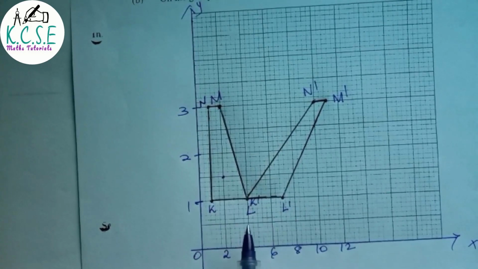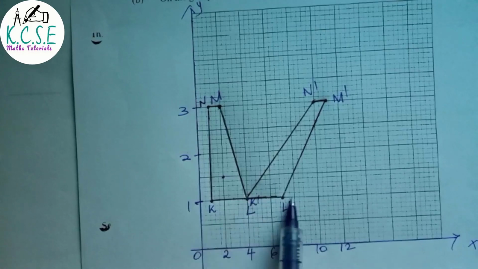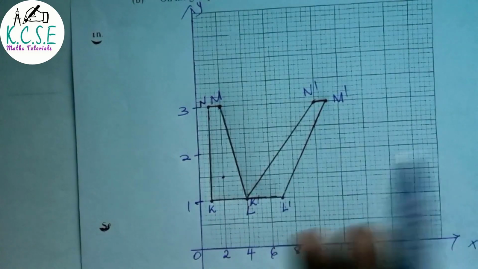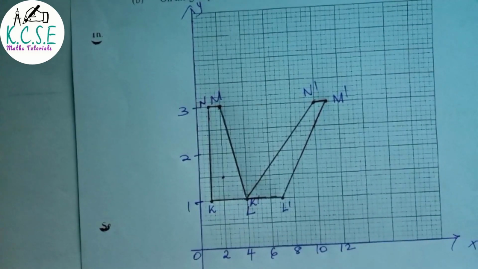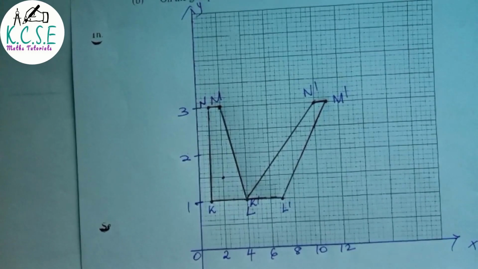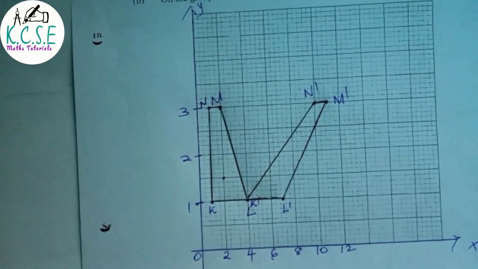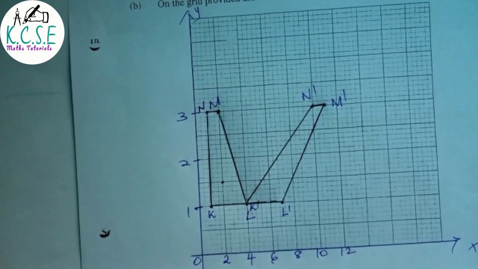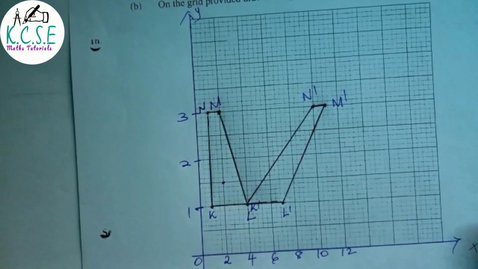When you look at the points, just look at the object points and the image points. And also look at the shape. Is it changing? Look at the area. Is it changing? So the basic properties of a shear, one of them is that the area of the object and the image does not change.